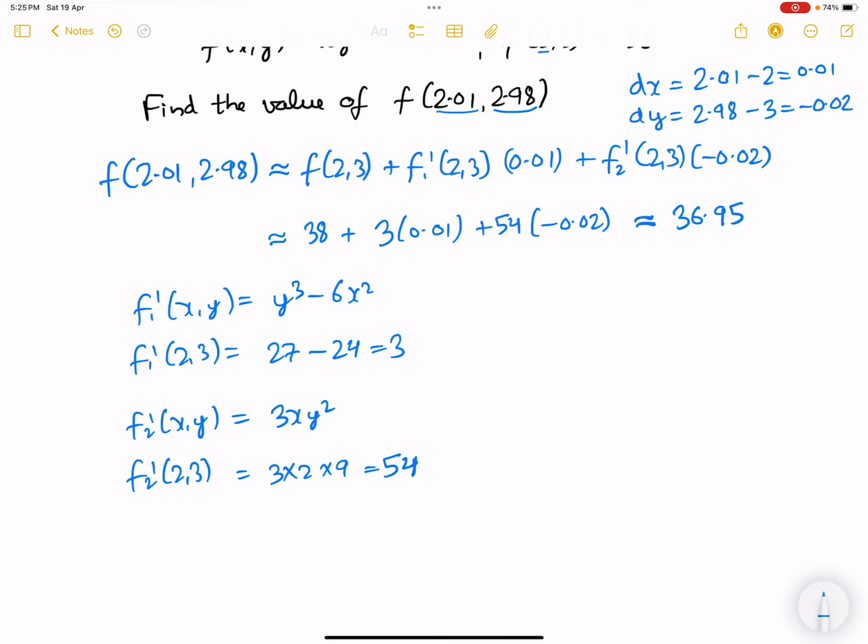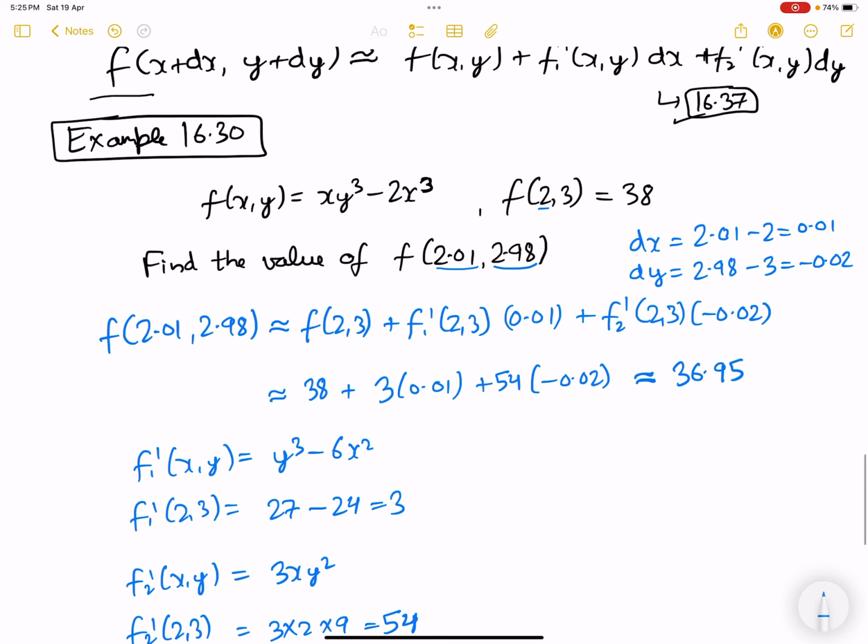Okay, but now if we put the direct value, we can see what we get is 2.01 into 2.98 to the power 3 minus 2 into 2.01 to the power 3.